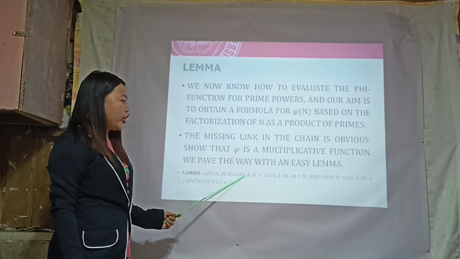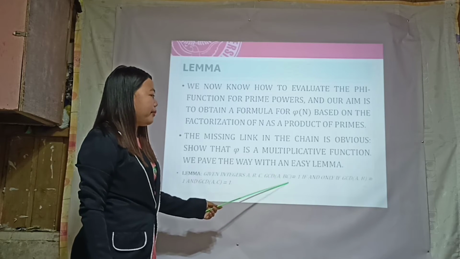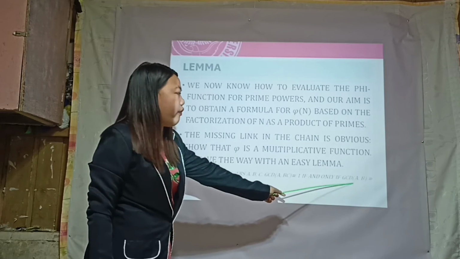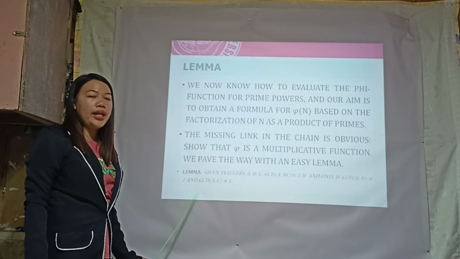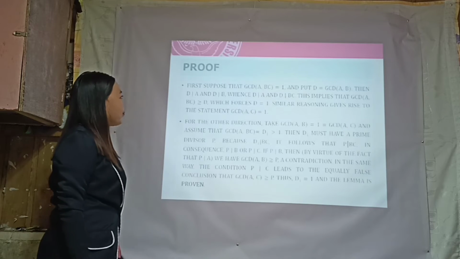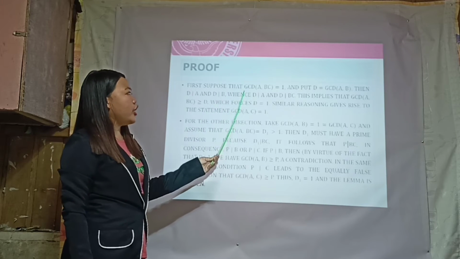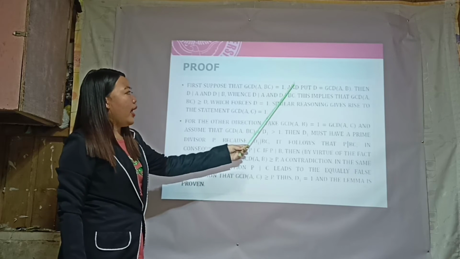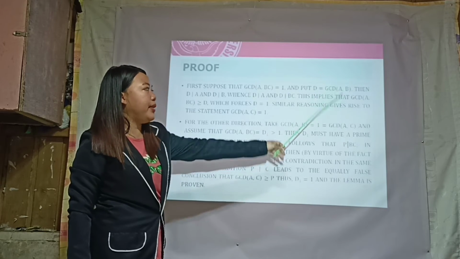Lemma: given integers a, b, c, GCD of a and bc is equal to 1 if and only if GCD of a and b is equal to 1 and the GCD of a and c is equal to 1. Proof. First, suppose that the GCD of a and bc is equal to 1, and put d equal to GCD of a and b.